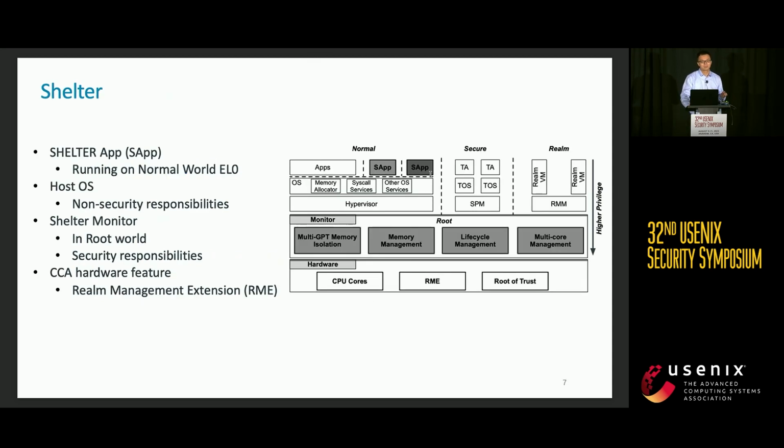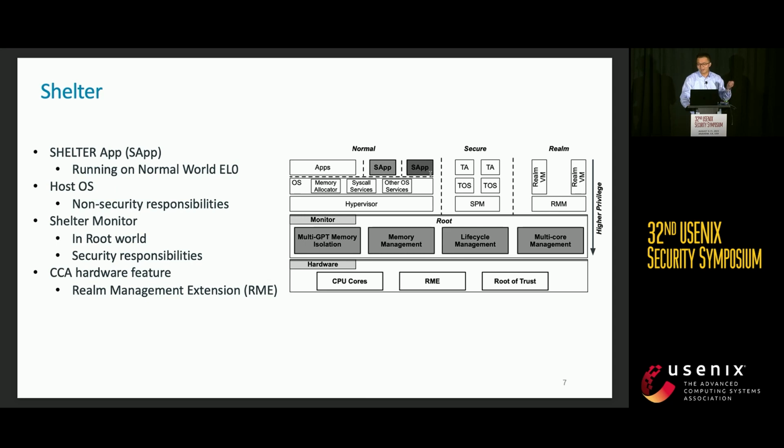Okay, here is the design of Shelter. Let's take a look at the figure. We have something called an ASAP, which means a shared application. As we can see in the figure, we have four worlds. Typically, we have the normal world, right? That's where we run Android, iOS, or those kinds of normal operating systems. And also we have the secure world, and also we have the Realm world.